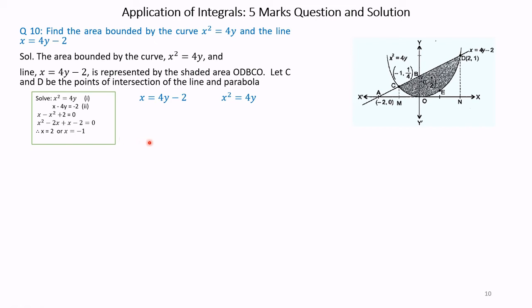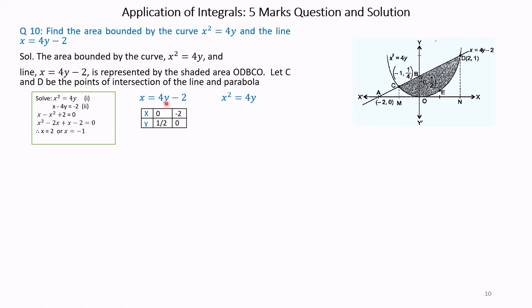Using these relations, we will try to find the points of intersection C and D. In the straight line equation, we put x is equal to 0.